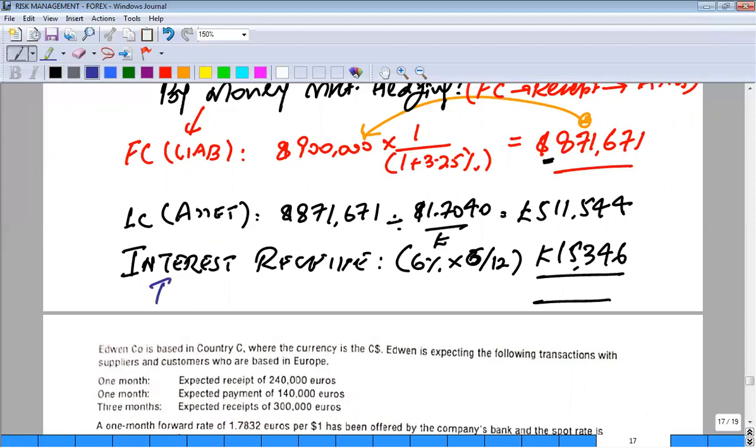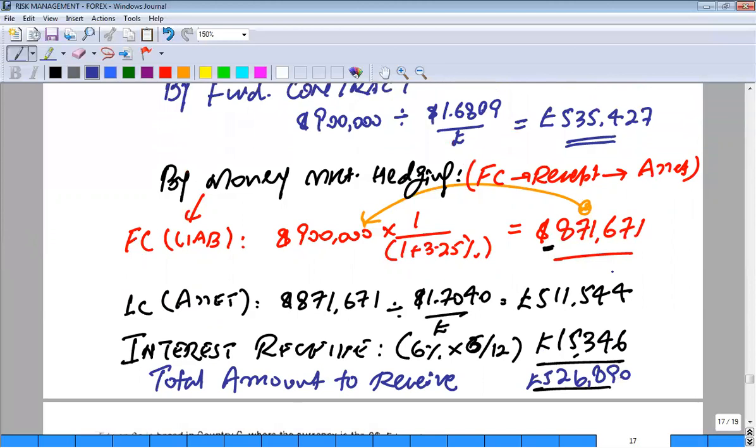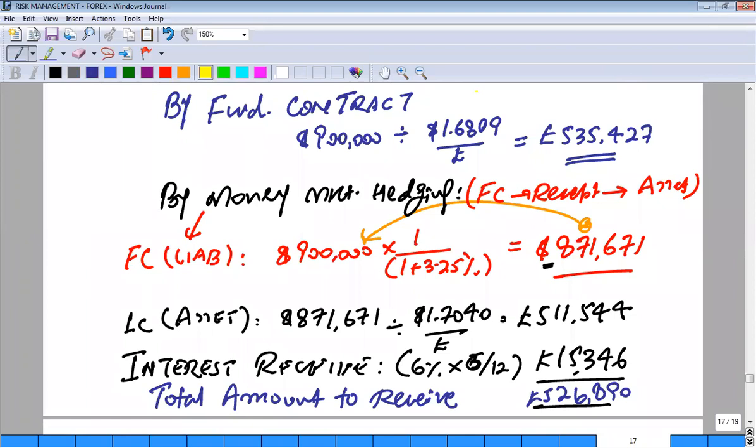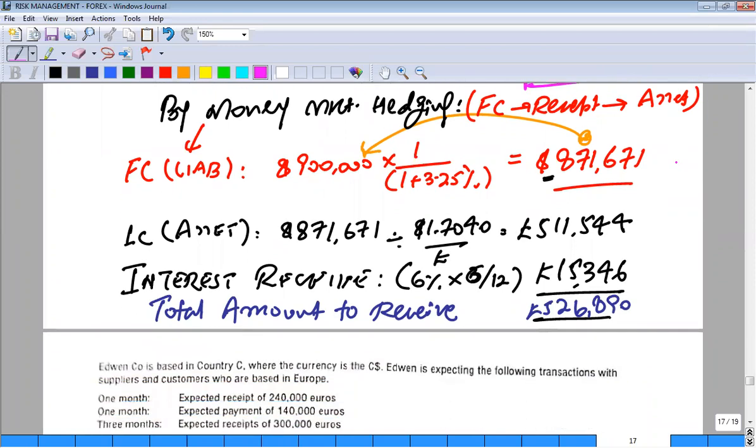It means the total amount to receive by money market is 526,890. So now we have to decide from which method we can get more, either 535,427 or 526,890.